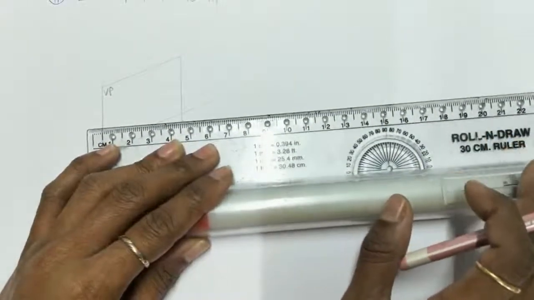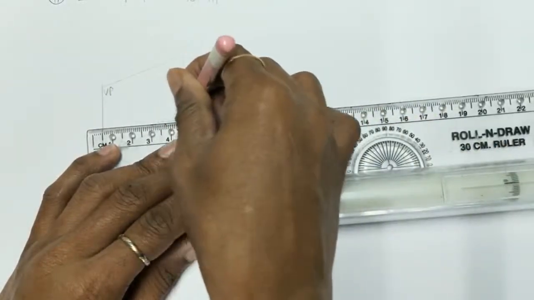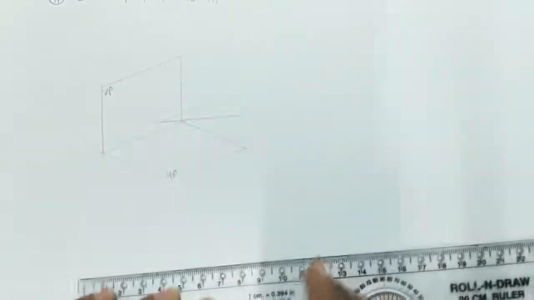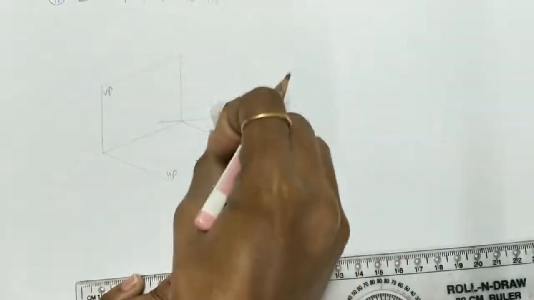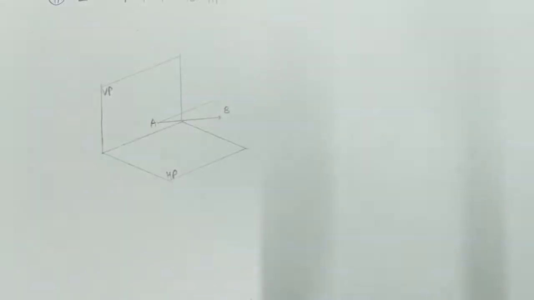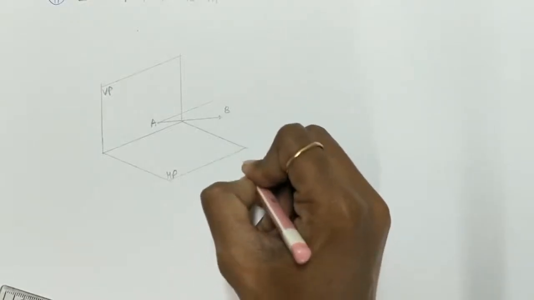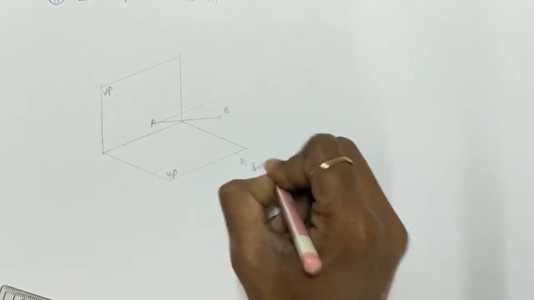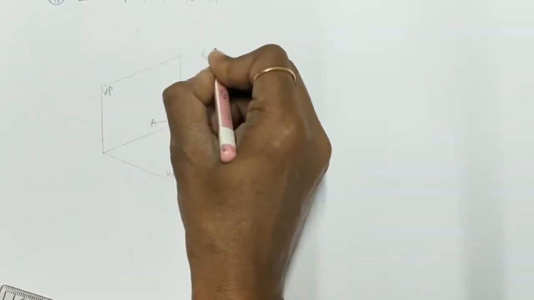So inclination angle is theta and this is suppose line AB. This point is point B and point A. Now for front view, this is the direction for front view, and for top view we can see from top.